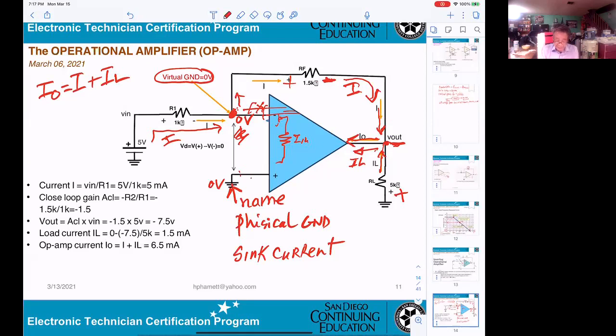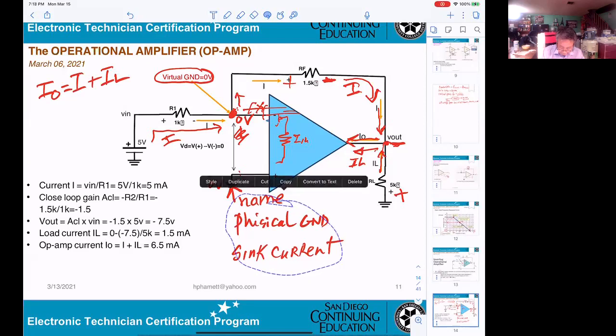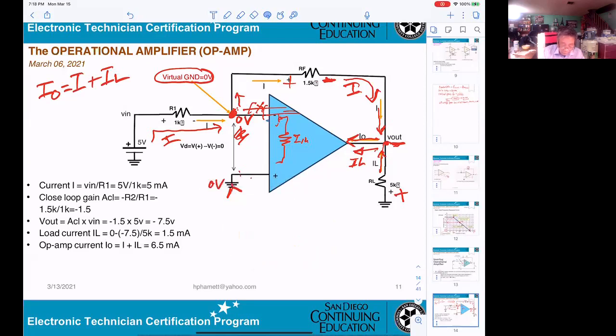Now, if you want to calculate the V out, then V out equals what? You can say V out equals IL times RL.